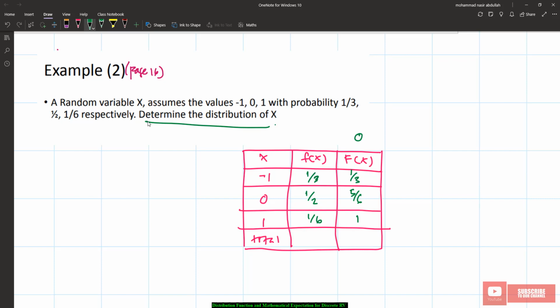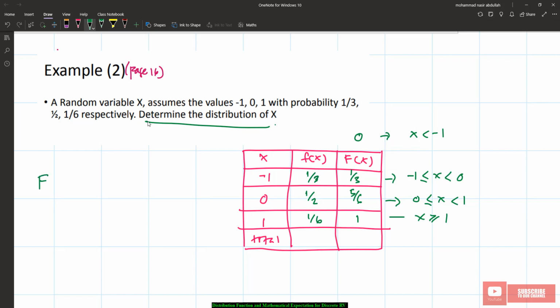So what does this mean here? What is the range? This is when x is less than -1. When -1 is inclusive, x less than 0. And this one, 0 is inclusive, less than 1. And this is x more than or equal to 1.